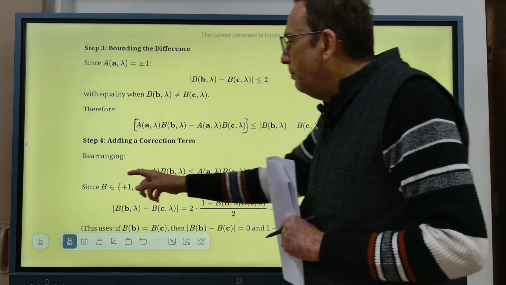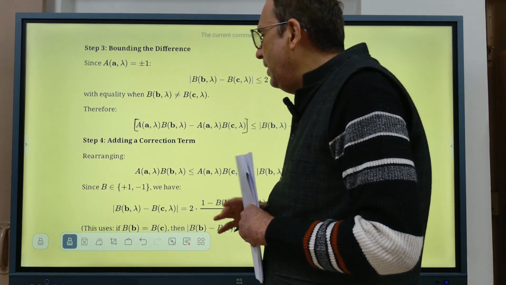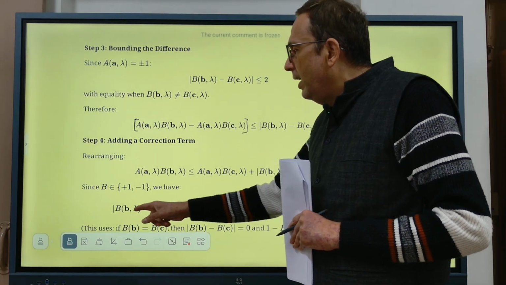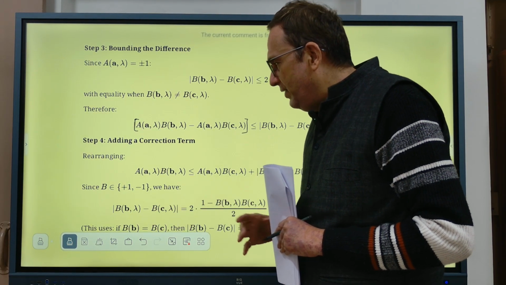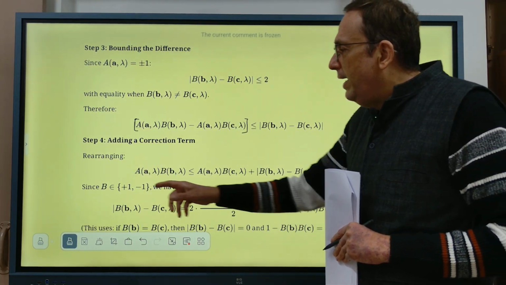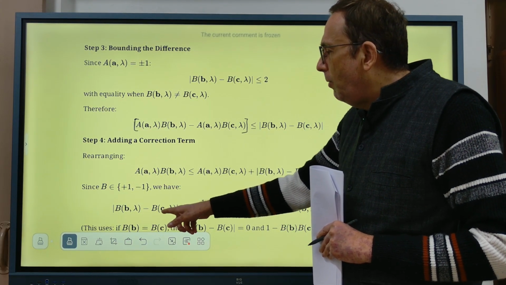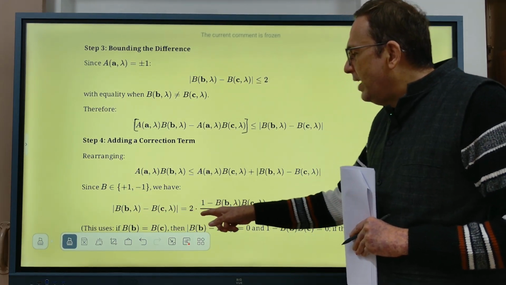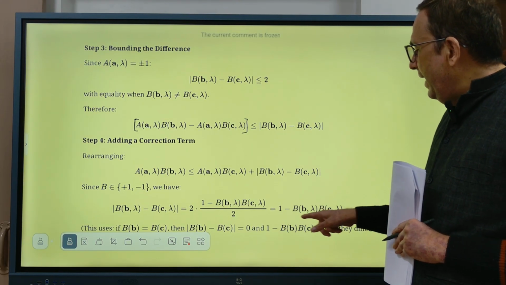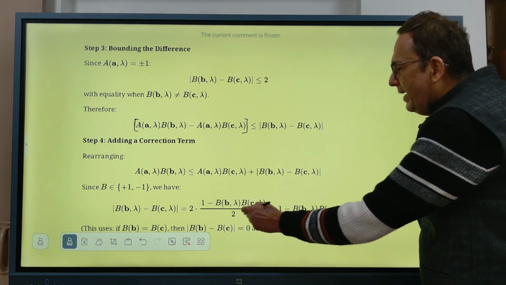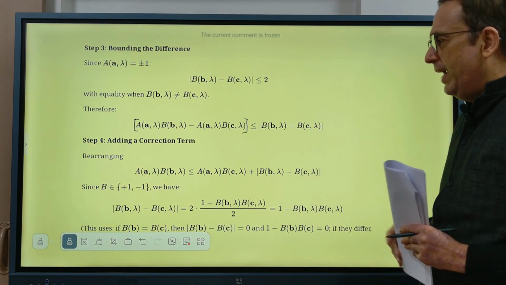Since B can take value plus 1 and minus 1, the absolute value of B in direction B minus B in direction C, the measurement of Bob in direction B minus the measurement of Bob in direction C, can be rewritten like this, and then like this. You can check it.